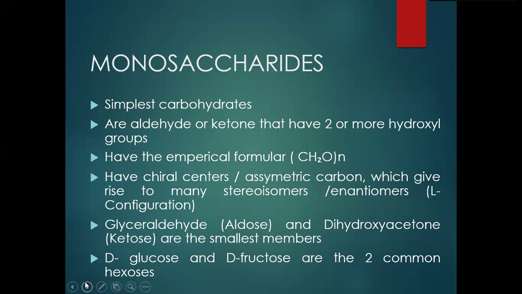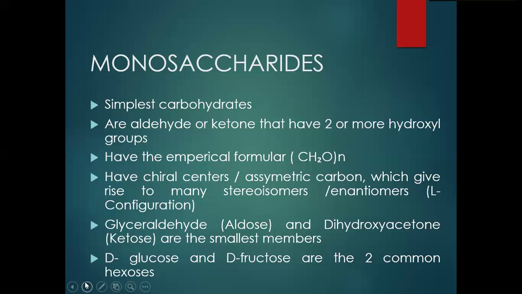They have the empirical formula (CH2O)n. So if you want to calculate the formula of a specific monosaccharide, you use this empirical formula, CH2O, where n equals the number of carbons, which can range between 3 and 6.